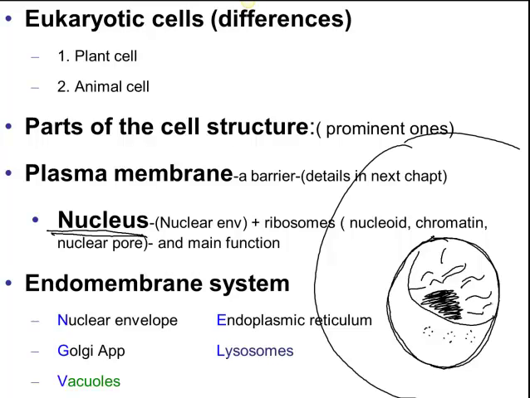Now, anything which has DNA plus protein is your chromatin. Then you have the endomembrane system.